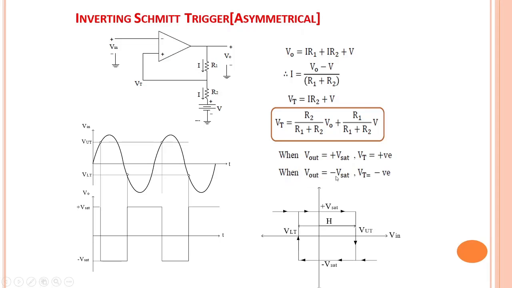Whenever VO is minus Vsat, the threshold voltage will be negative. But they will have different magnitudes. Hence, this is called an asymmetrical Schmitt trigger. That's why VUT and VLT will not be placed symmetrically along the vertical axis. We will have a similar H curve, but an asymmetrical version.